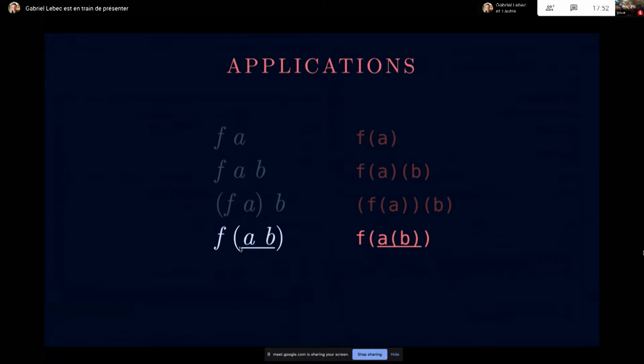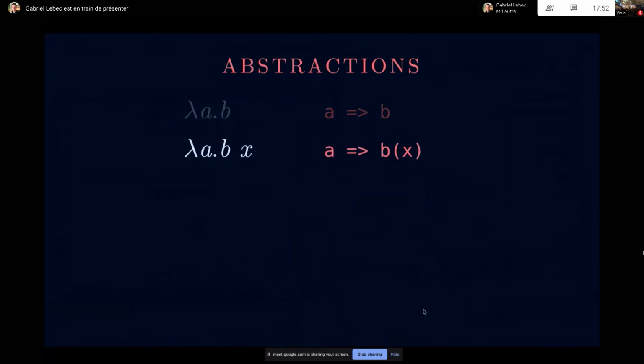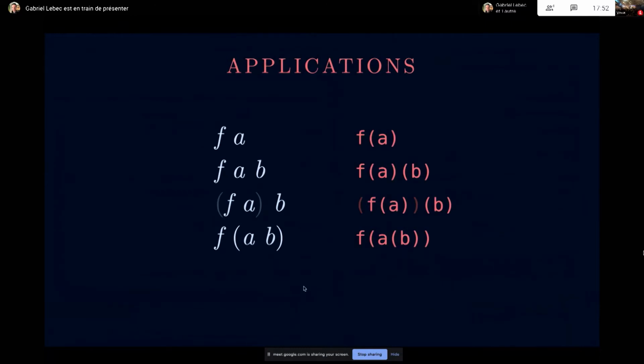And there, I do need the parentheses if that's what I intend. So that is function application in a nutshell. And we're going to see this a bunch of times. So if you're still a little fuzzy on it, just remember that it's the same thing as normal function application, except we just don't use parentheses unless we absolutely need to.